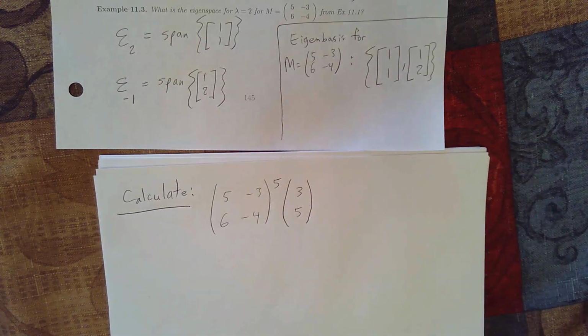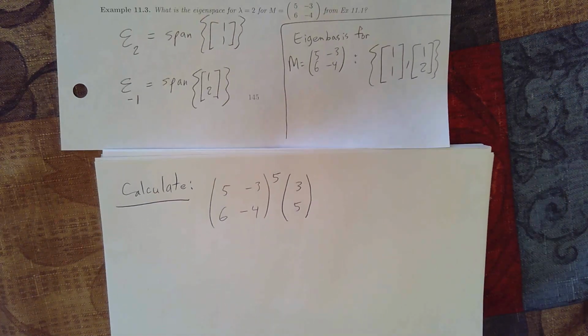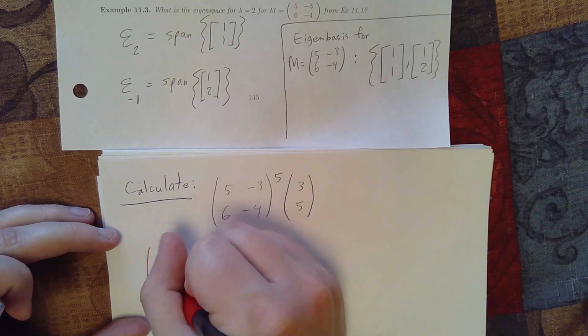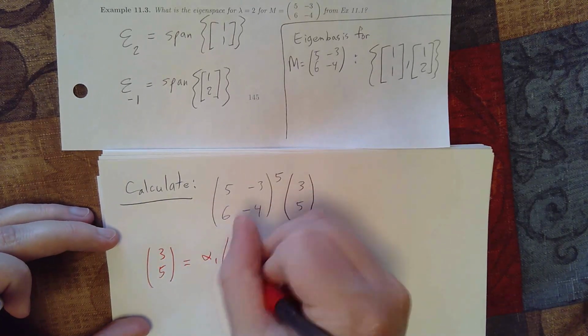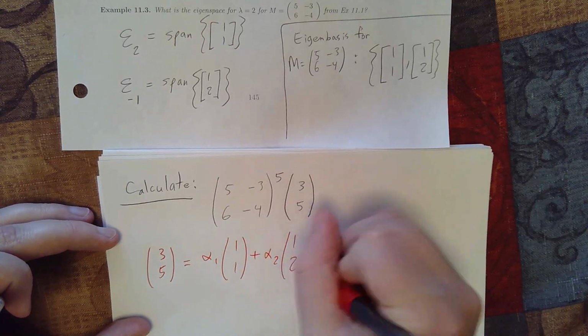If we wanted to do this calculation, all we would need to do is first take (3, 5) and write it as a linear combination of these 2 eigenvectors. So first we want to see how we can take (3, 5) and set it equal to alpha 1 times (1, 1) plus alpha 2 times (1, 2).